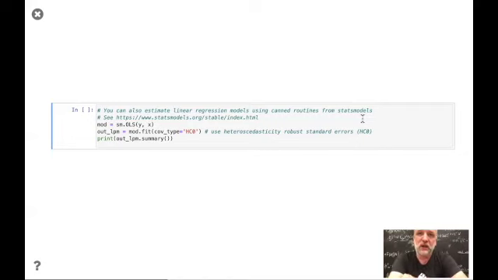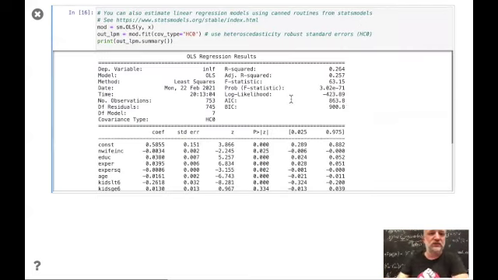So for pedagogical and teaching purposes, well, it's not giving you that one-to-one relationship, but it's giving you something to replicate, so you can match and see if you can replicate those results. So here's what you get if you use the statsmodels module that you can get in Python. You can see the documentation here.